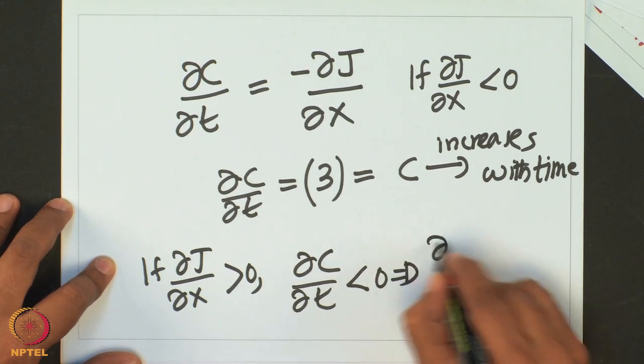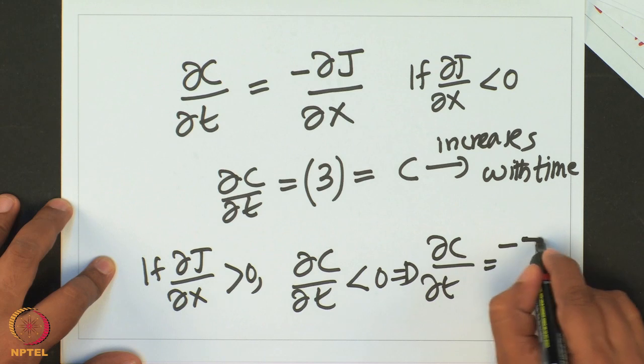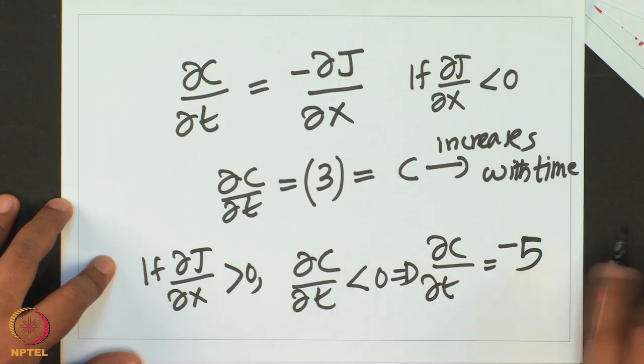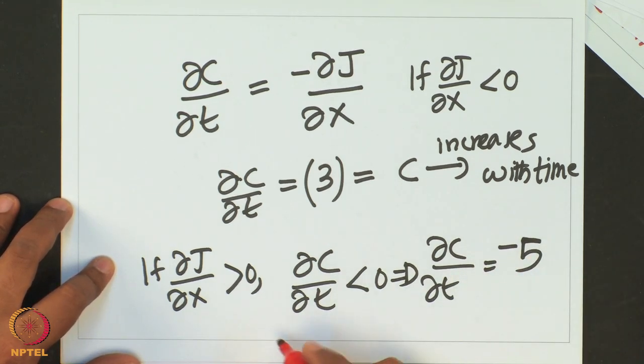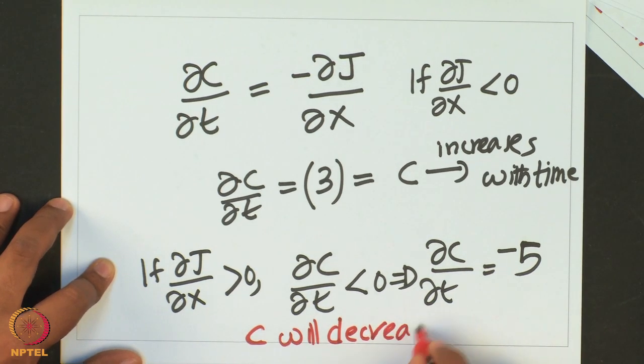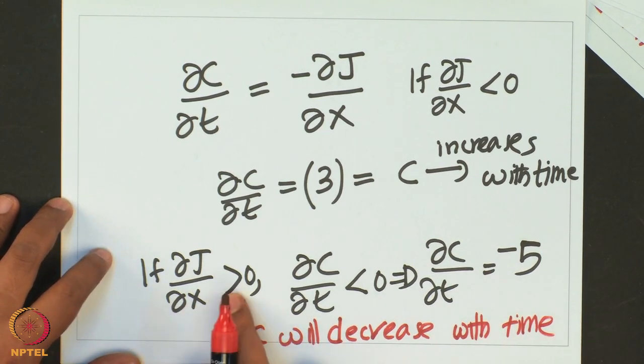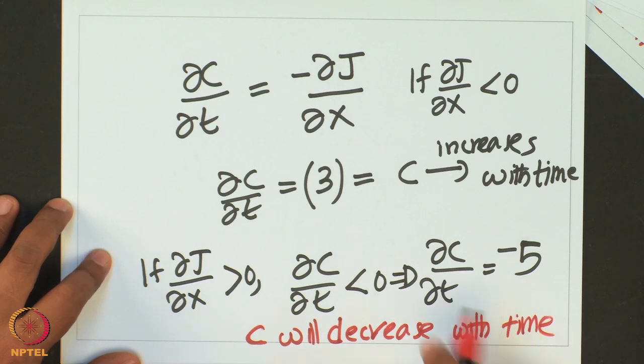That is, del C by del t will be some negative number, negative 5. This would mean that C will decrease with time. C at that middle location will decrease with time. So if del J by del x is greater than 0, C will decrease with time.